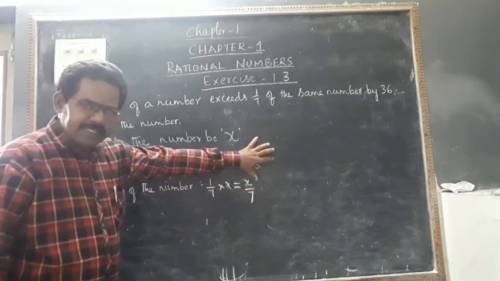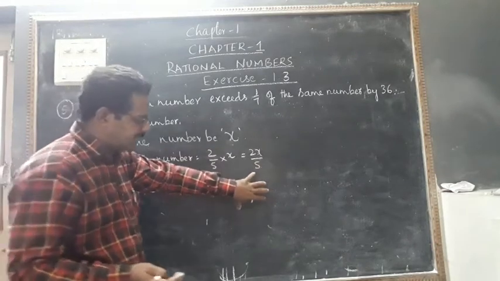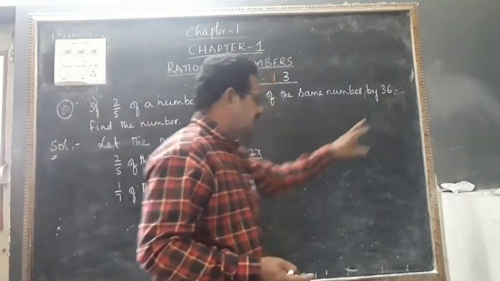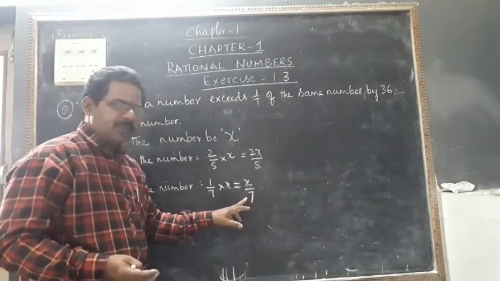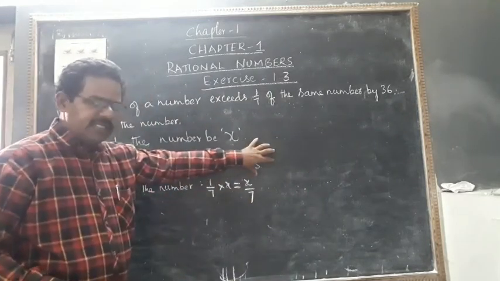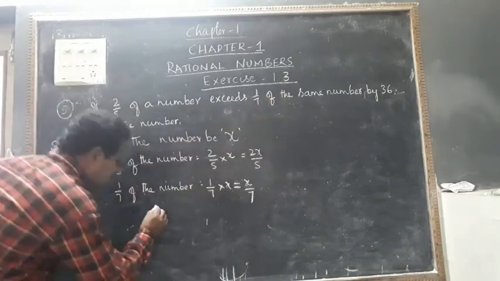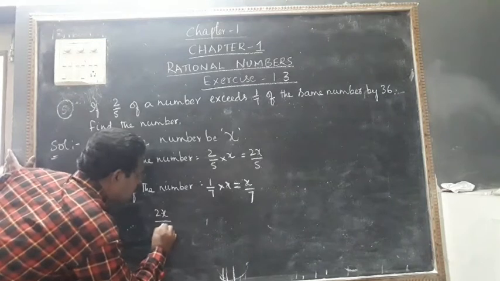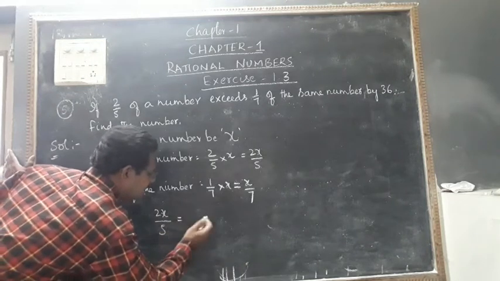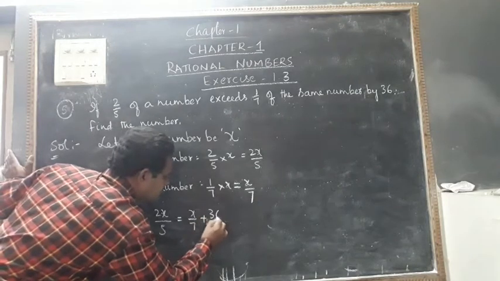If 2x by 5 is compared to this x by 7 and 36, if you add these two, that is equal to this one. Because 2x by 5 is 36 more than the 1 by 7 of the number. Therefore, we can write 2x by 5 is equal to x by 7 plus 36.